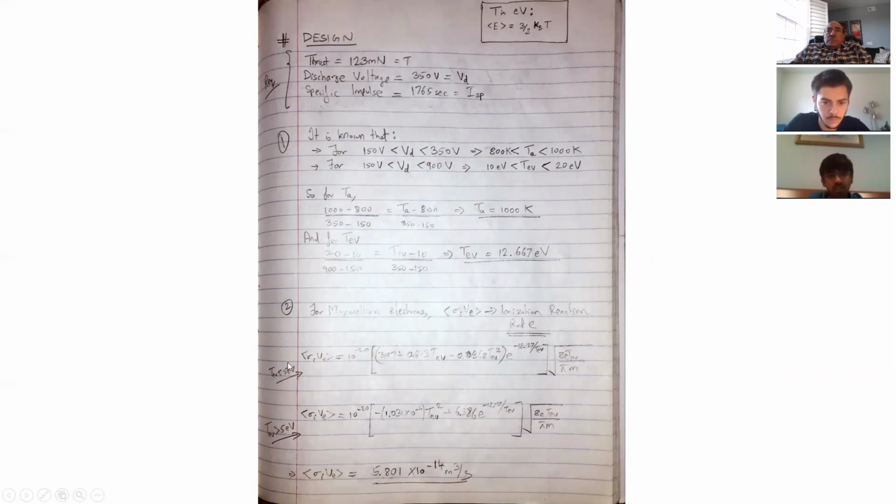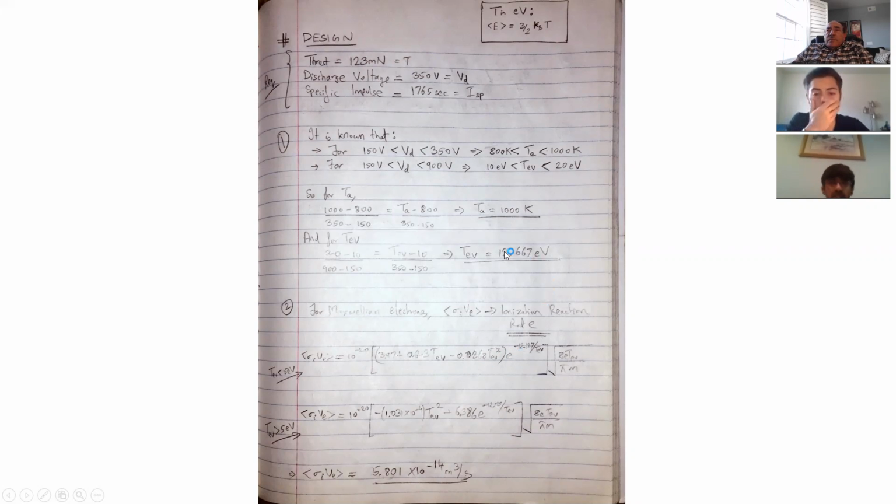For electron temperatures of less than 5 electron volts it is given by this equation, and for electron temperatures greater than 5 electron volts it is given by this equation. These formulas are from Dan Goebel's book.